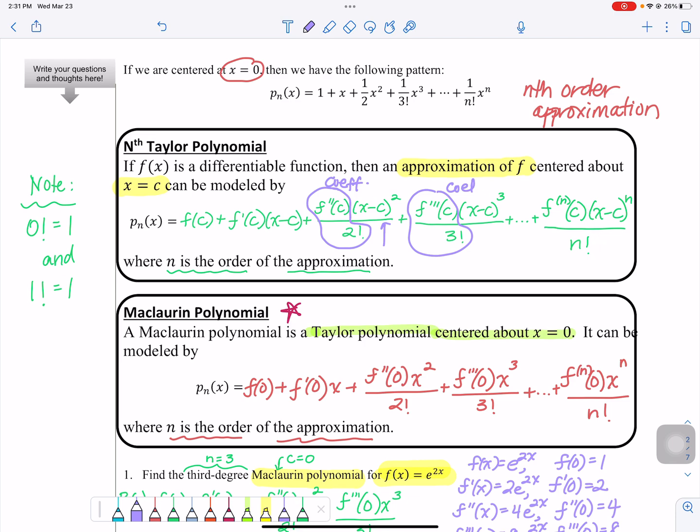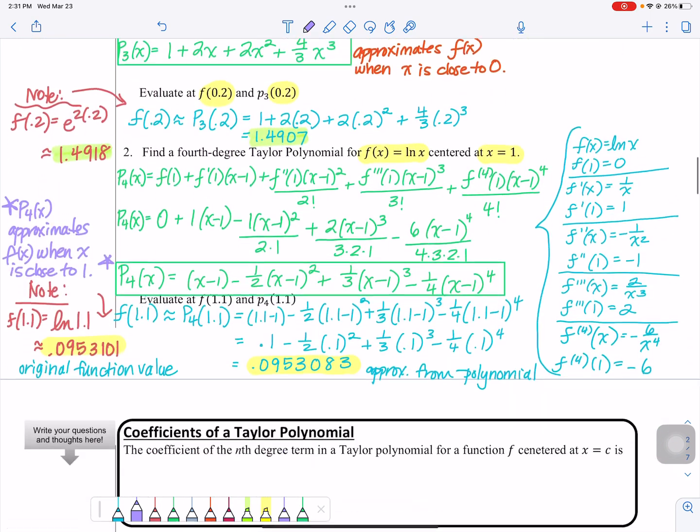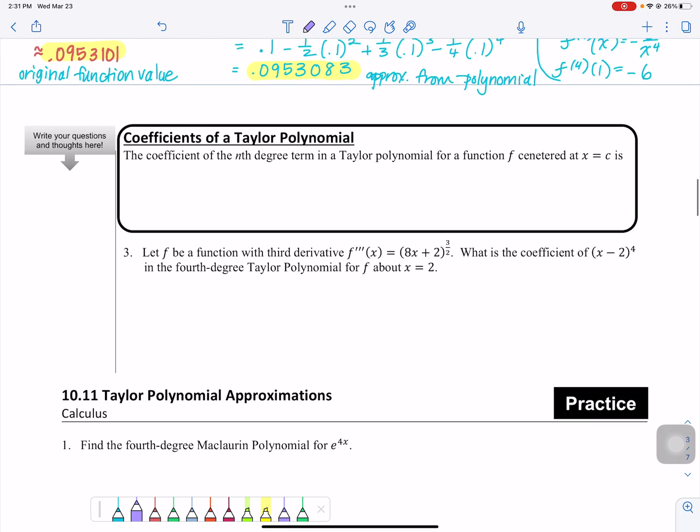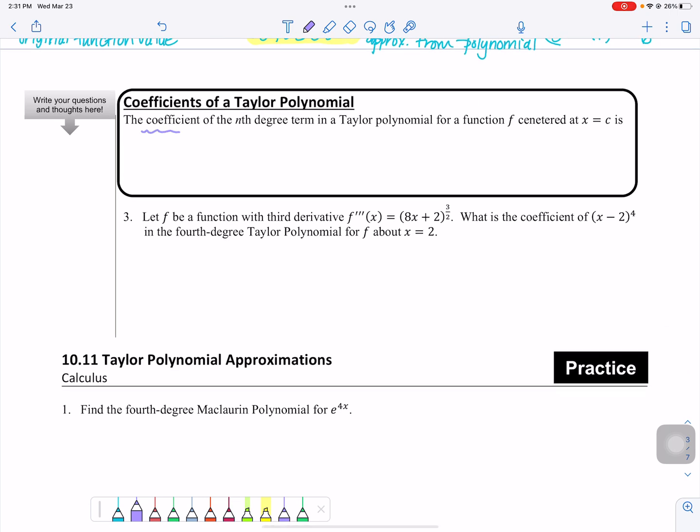So that is really important to note, and we will go ahead and define that right now. So this is our coefficient of the nth degree term in a Taylor polynomial centered at x equal to c: it is the nth derivative evaluated at c divided by n factorial.